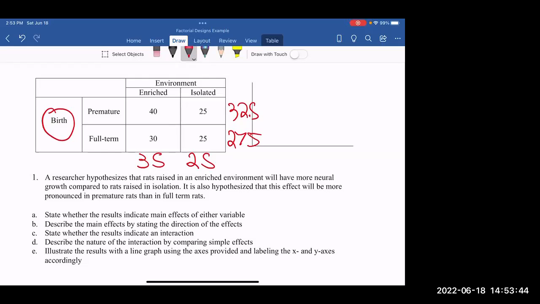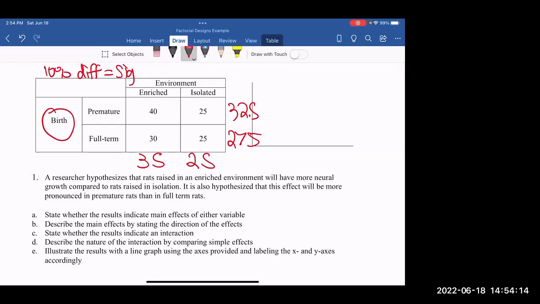And we see that indeed 32.5 is larger than 27.5. However, if we apply our rule of a 10% difference being significant, that's about a 5% difference. So it's unlikely that this main effect is significant.